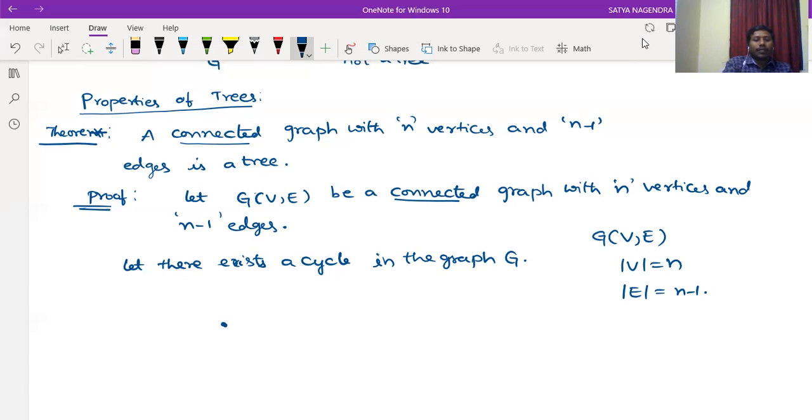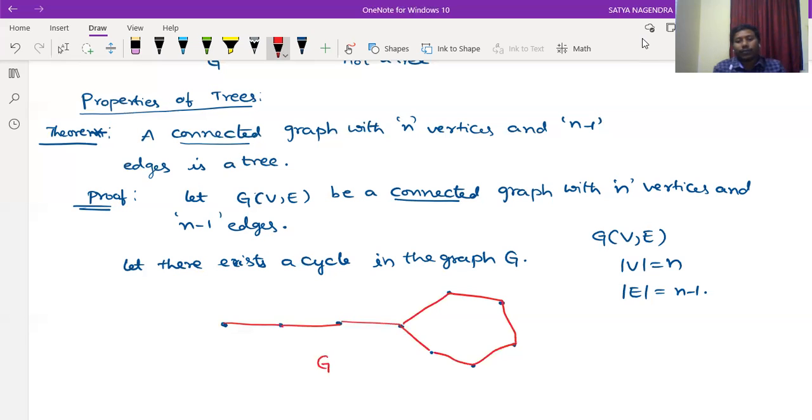So I'm taking the proof using the contradictory method. So see this, I'm taking a cycle in this, then what will happen? You observe, these are the edges I'm taking. So observe there is a cycle in this graph.